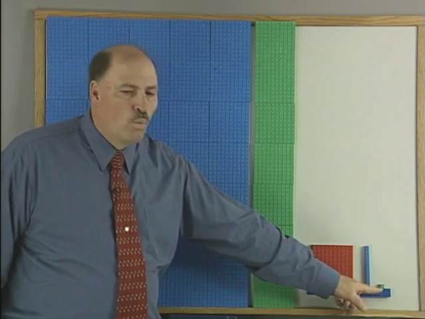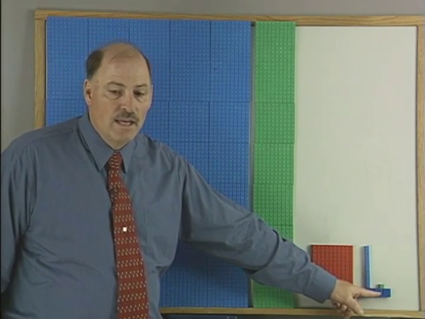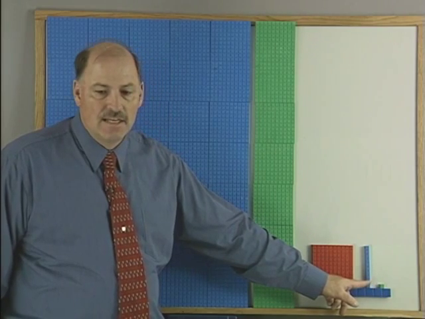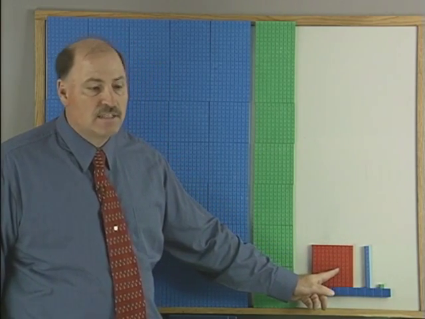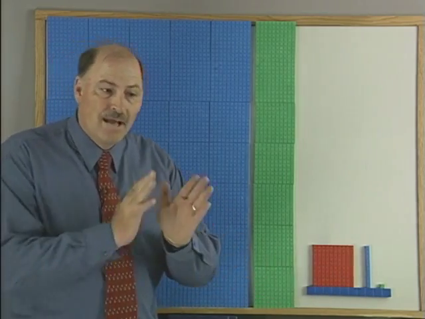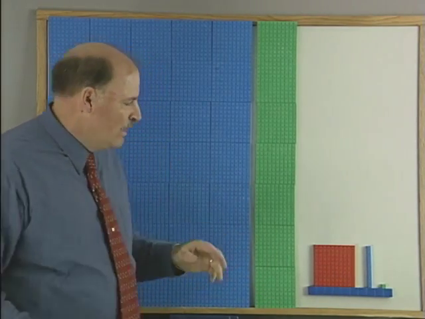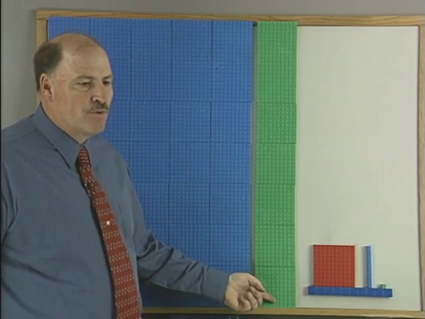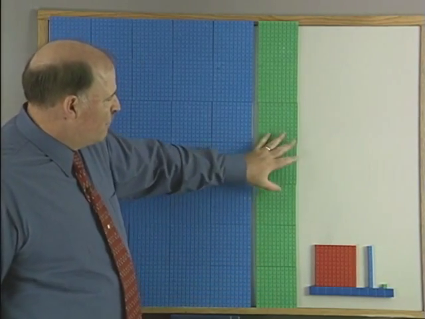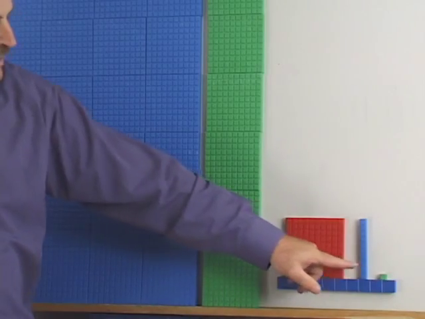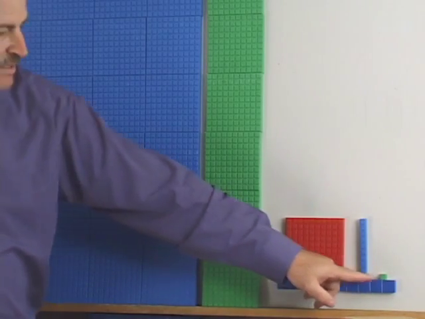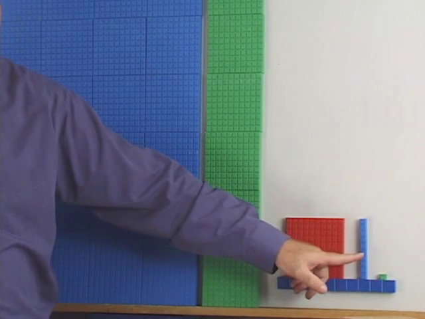And 1 unit is green. And then the tens, 10 units is blue, and 100 units is red. So we kept to the same color scheme, and what we did was we produced some green hundreds, because when you put these all together, there's 10 of these in this, right?